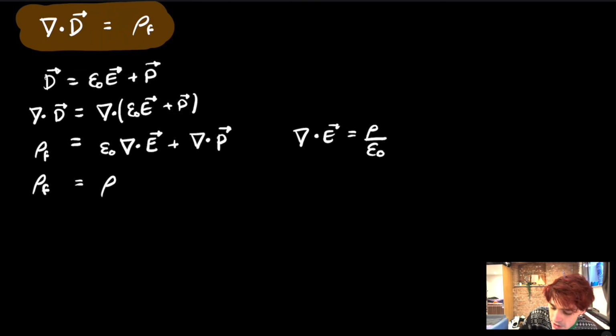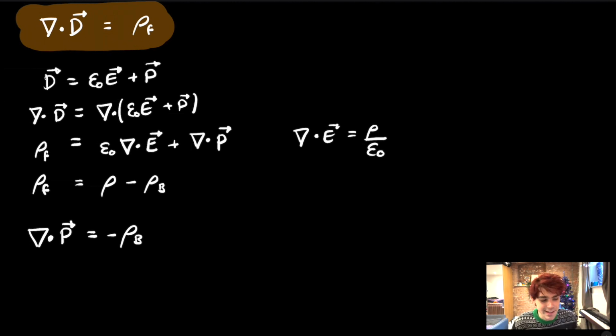So we have the free charge term, we have our total term, and so all that's remaining is the bound charge, which of course has to be the total minus the free, and therefore this will be rho minus rho bound right here. So we can see that from this equation and this equation, we can get the result that the divergence of the P vector is simply equal to minus the bound charge.